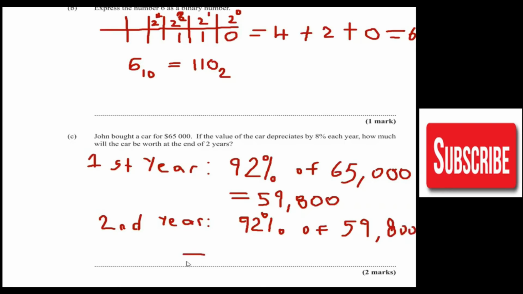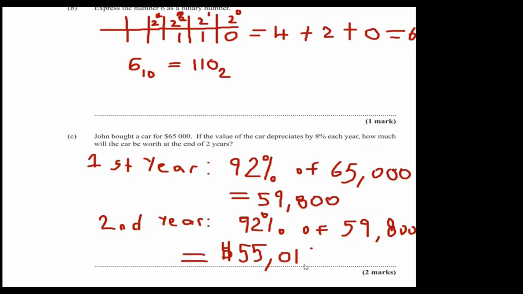You put in your calculator 0.92 and multiply that by 59,800. And that gives you $55,016. So that's how much his car is worth now, $55,016, which is not bad. It lost just about $10,000 off its price in 2 years. Depending on the currency, if it's USD, that's a lot of money, but otherwise it's pretty fine. All right, and so that takes care of that.